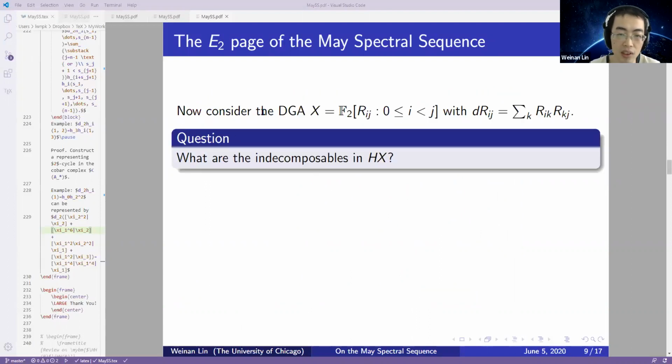That's what X is. So now we have the DGA X, the polynomial algebra on the strictly upper triangular entries, with the differential given by this. And here's the question: what's that?